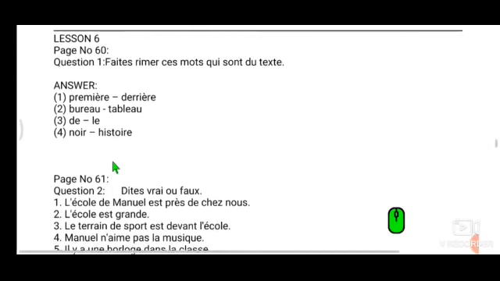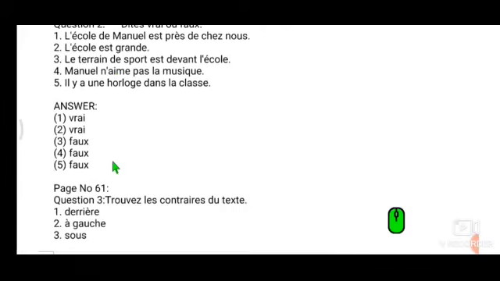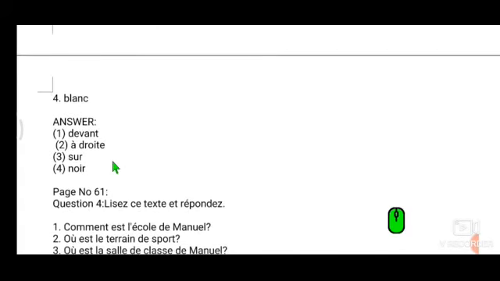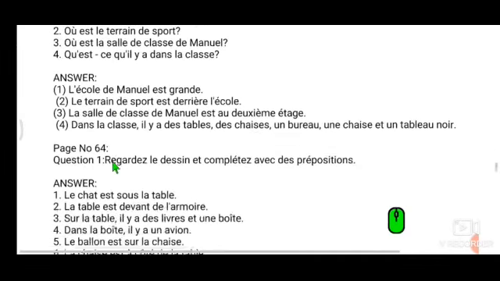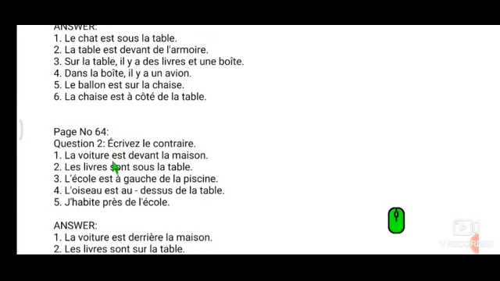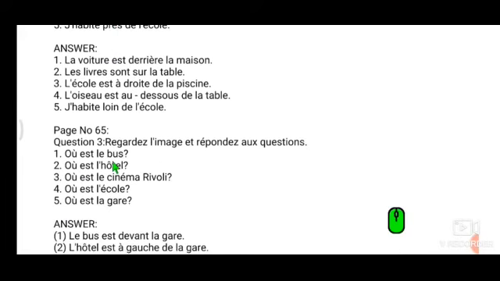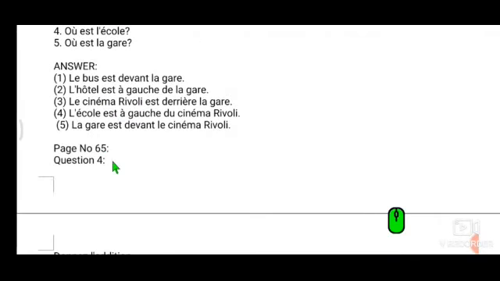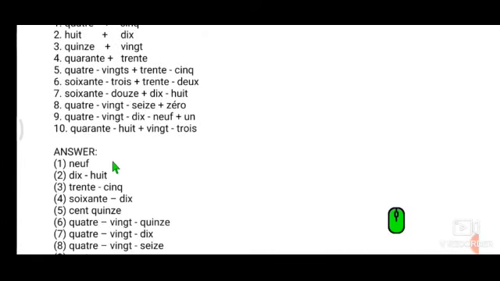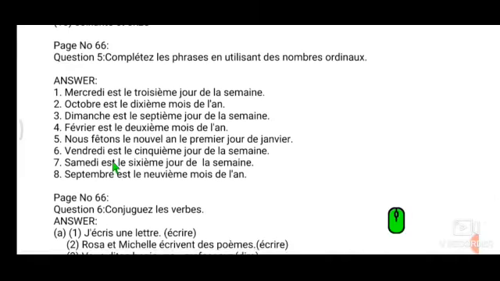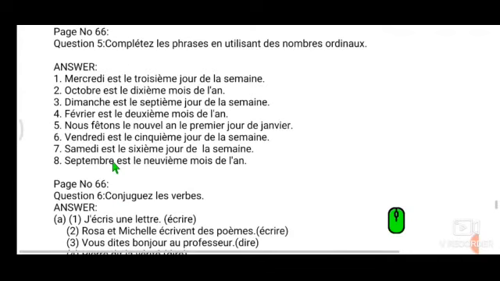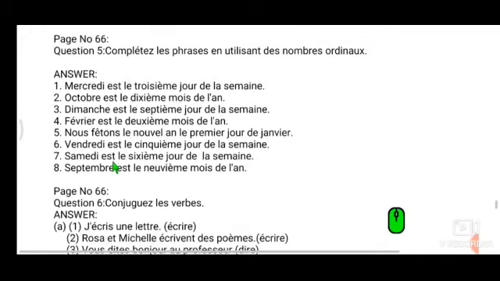And for lesson 6, all the answers are here. You can revise easily when you see this answer key, and you will have an idea what to prepare. When you prepare for the exam, I want you to have this pattern with you.